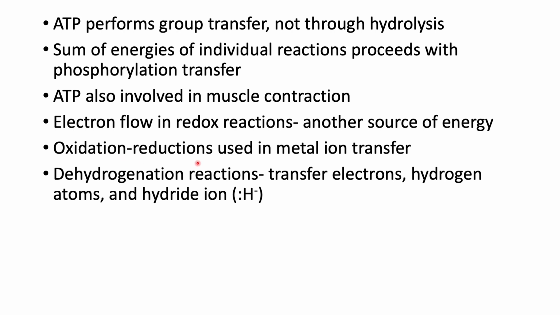Redox reactions are also used in metal ion transfer and also in dehydrogenation reactions. You can get transfer of electrons, hydrogen atoms, and hydride atoms. This will be seen in oxidative phosphorylation, and that will be another series of talks.